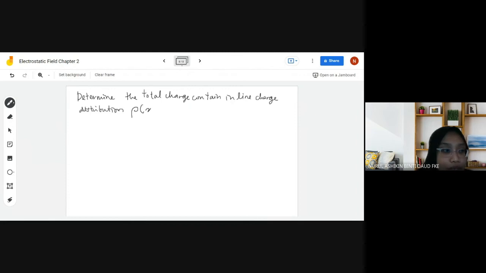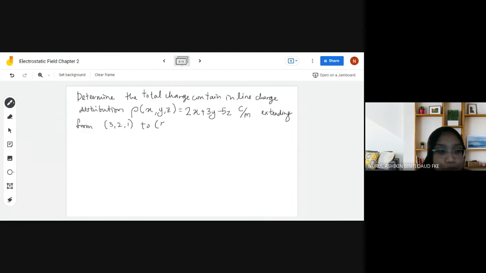where rho of x, y, z equals 2x plus 3y minus 5z, where the unit is coulomb per meter, extending from 3, 1 to 5, 4, 7. These are the coordinates.